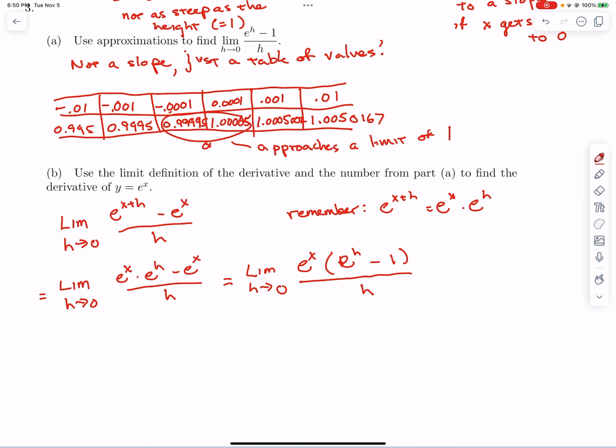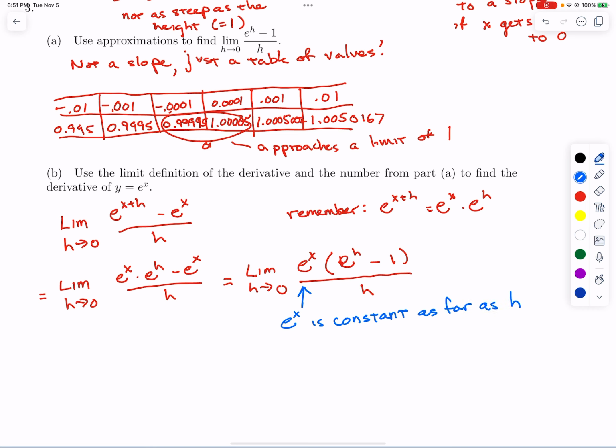Okay, now notice h is the variable. e to the x, let me write this in blue. e to the x isn't involved with h.